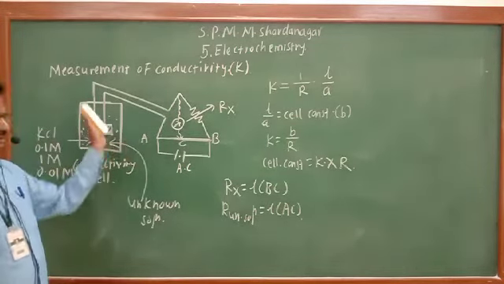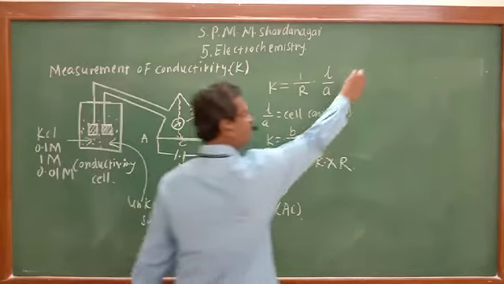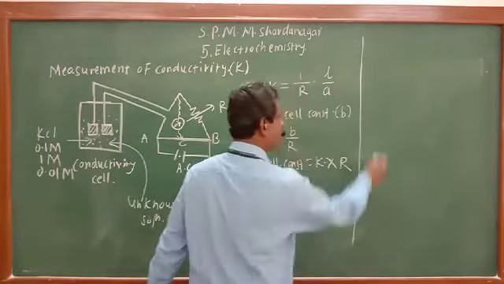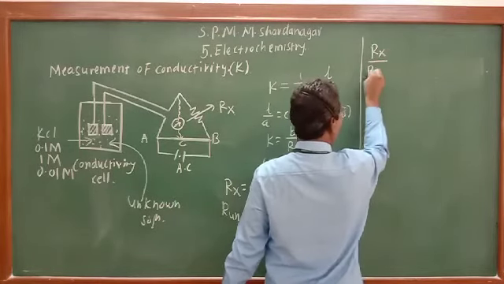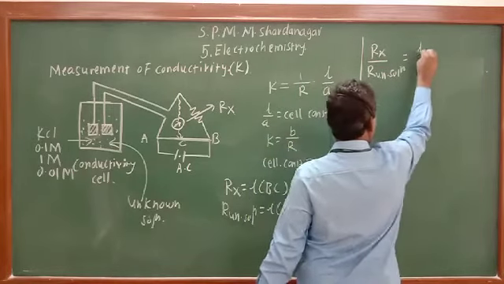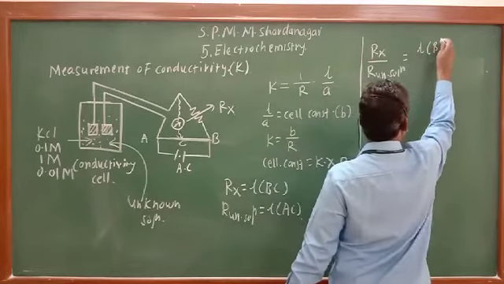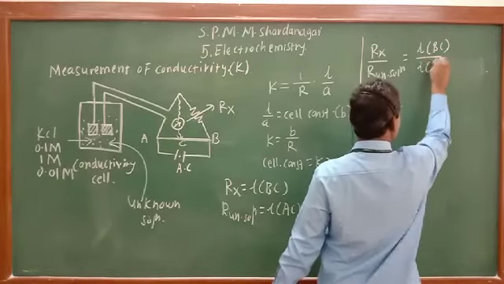Since all experimental conditions are same, relative ratio can be taken, and from the relative ratio Rx upon R of unknown solution will be equal to length BC divided by length AC.